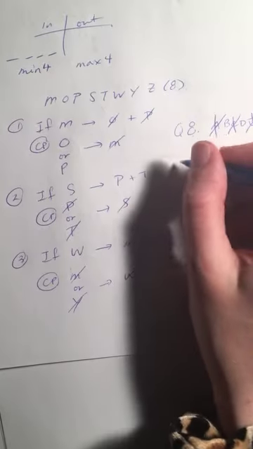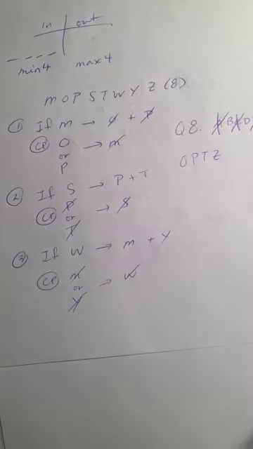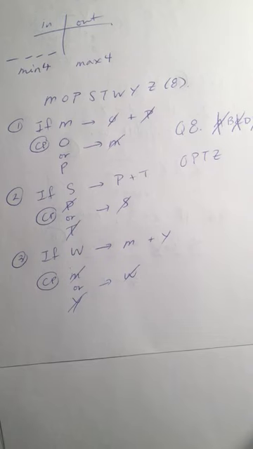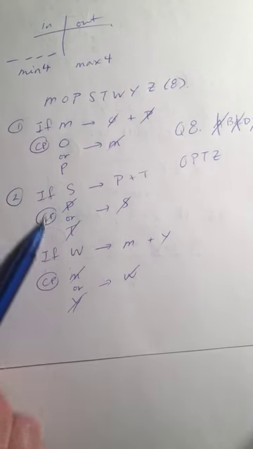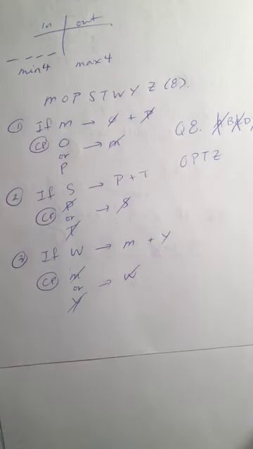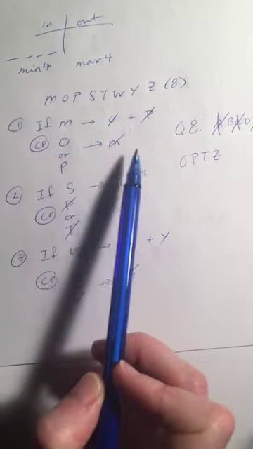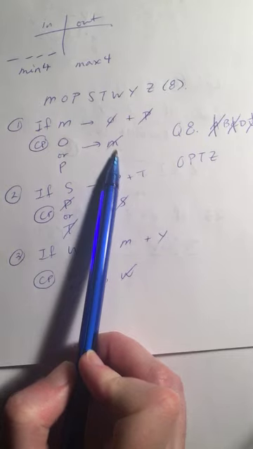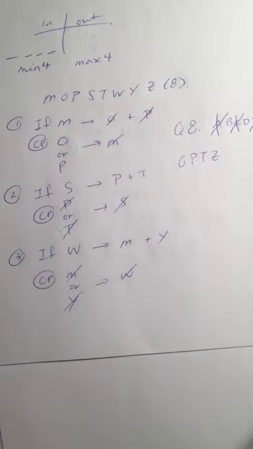So let's look at B. Right, so for B, we have O, P, T, and Z. So I'm going to go through and see what rules would be triggered here. So O is in, therefore M should be out. Okay, that's good. M is out.